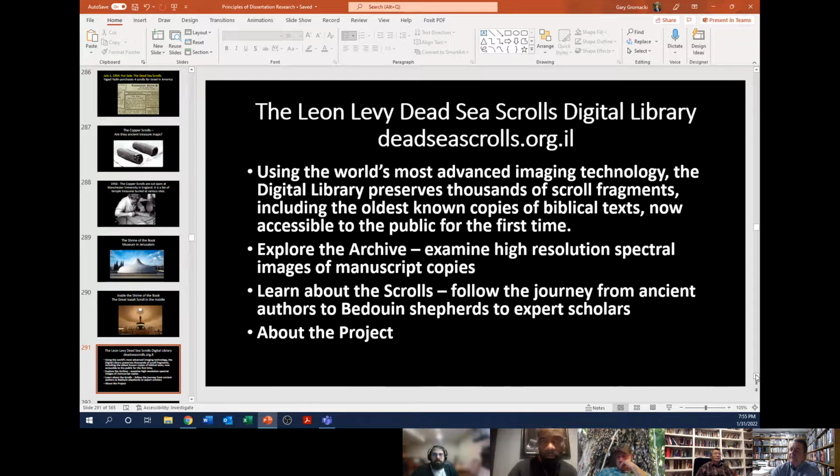This site, using the world's most advanced imaging technology, digital library preserves thousands of scroll fragments, including the oldest known copies of biblical texts, now accessible to the public for the very first time. So you can examine the high-resolution spectral images of manuscript copies, and you can learn about the scrolls and what they're trying to do to preserve them as well.